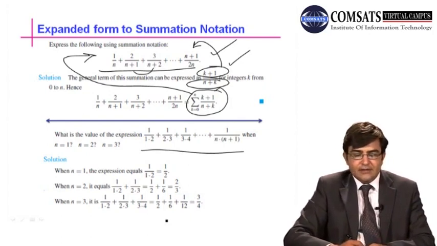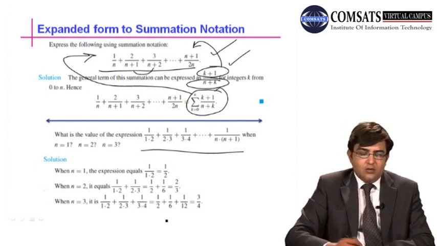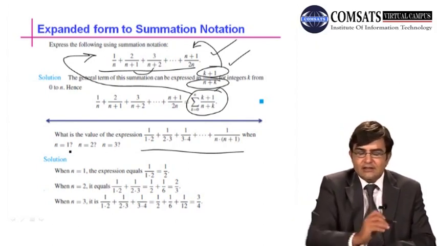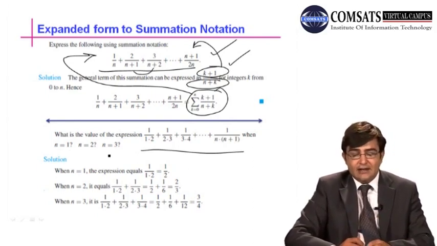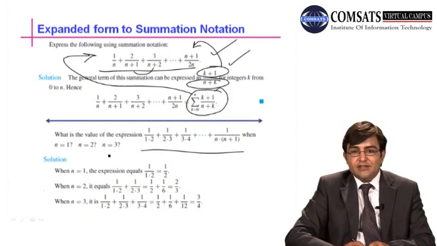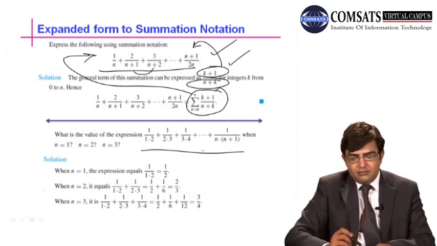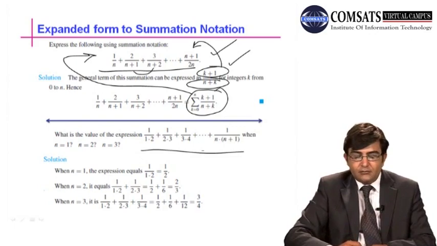Now this is basically what is the value of this expression when n is equal to 1, n is equal to 2, when n is equal to 3. This is again an important point about summation notation and sequences. Either it is a sequence or it is a summation, we do the same process.